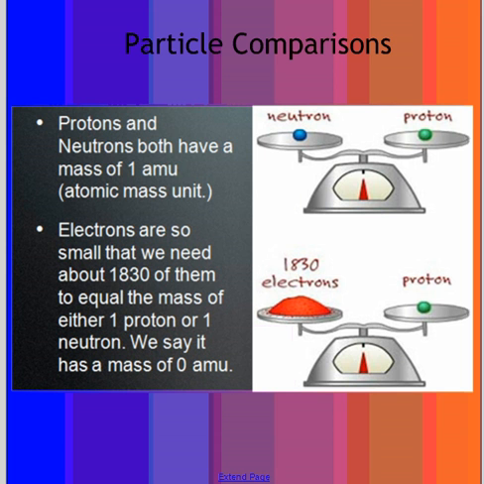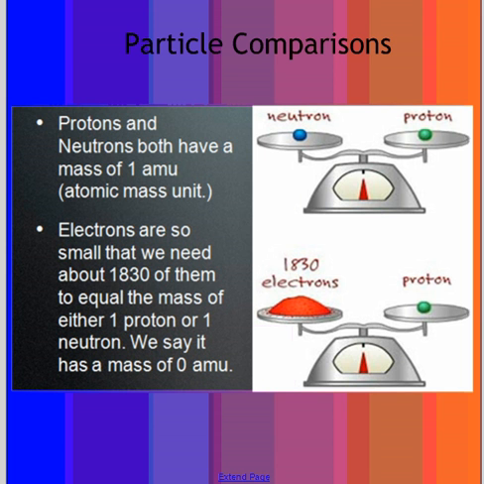However, we mentioned that electrons are so small that we need about 1,830 of them just to equal the mass of either 1 proton or 1 neutron. So electrons actually do have a mass, but their mass is so small that we don't count it. It doesn't count towards the mass of an atom.